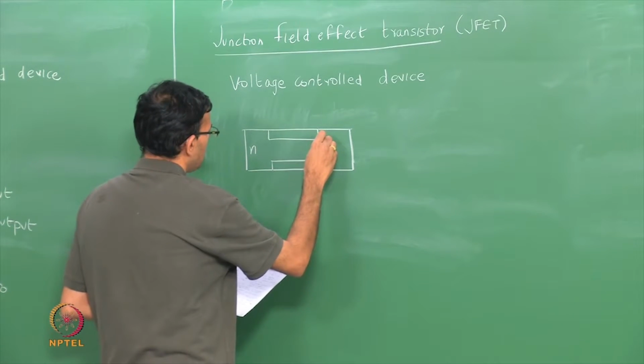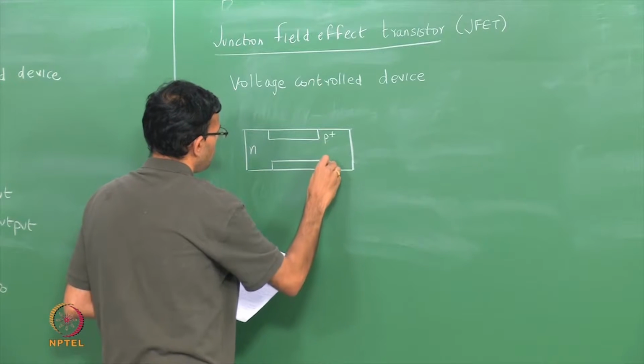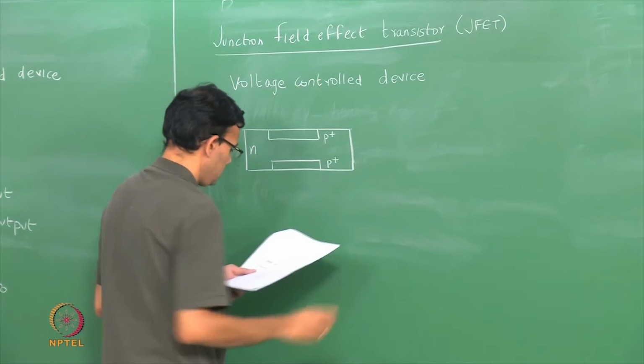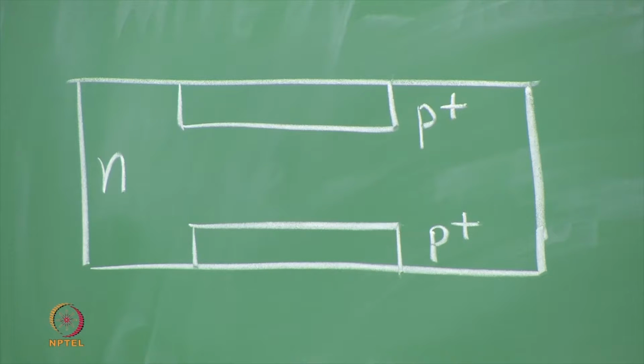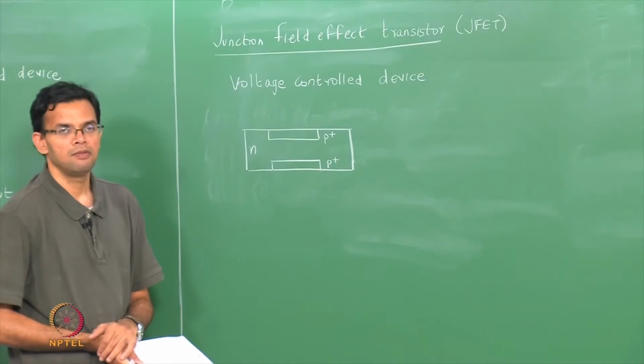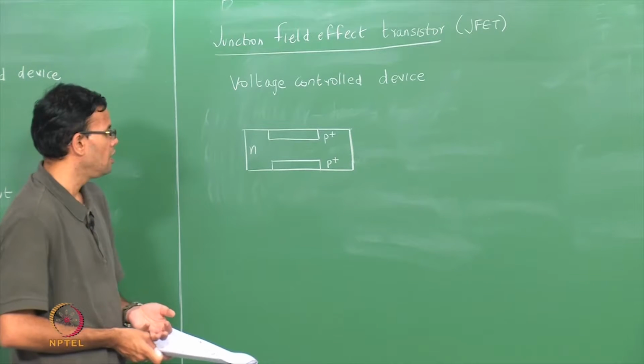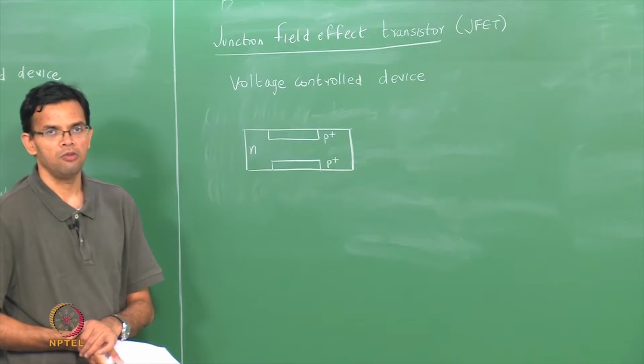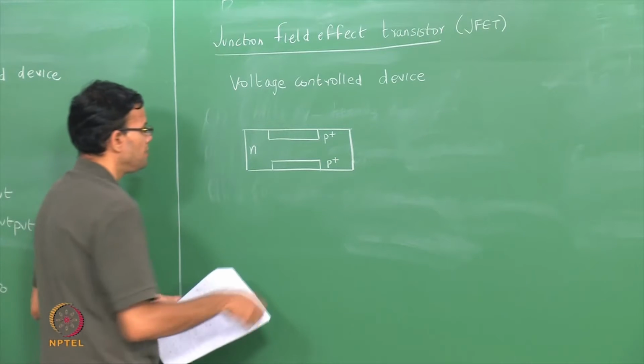Both of these are heavily doped p, so I am going to call them p plus. Because they are heavily doped and you have a p-n junction, the depletion width is almost entirely on the n side.